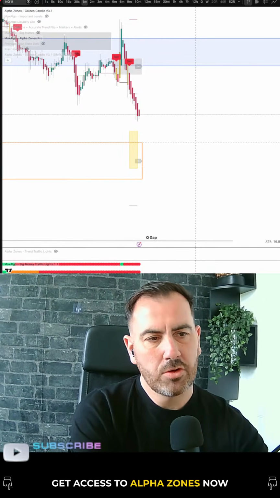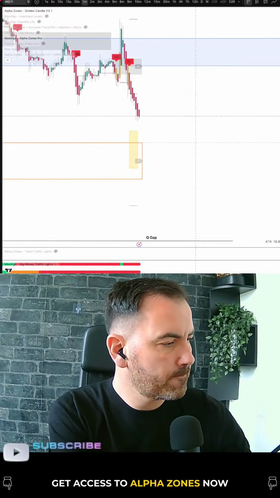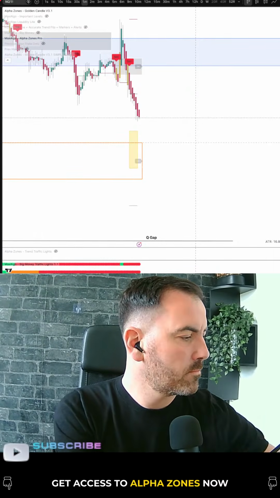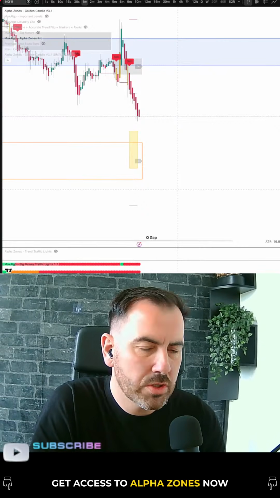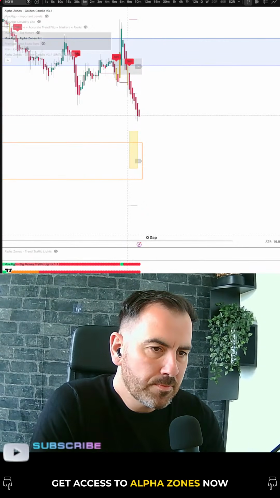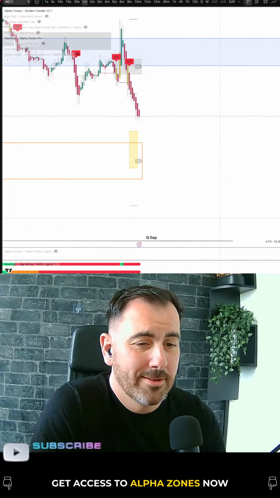So it might put in some structure before it goes all the way. Let's hope it just carries on plummeting. Shouldn't have opened my mouth, should I?